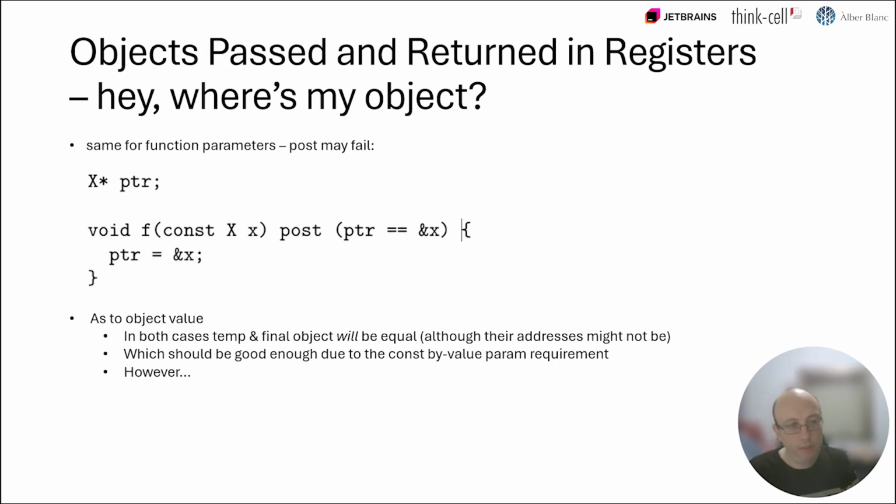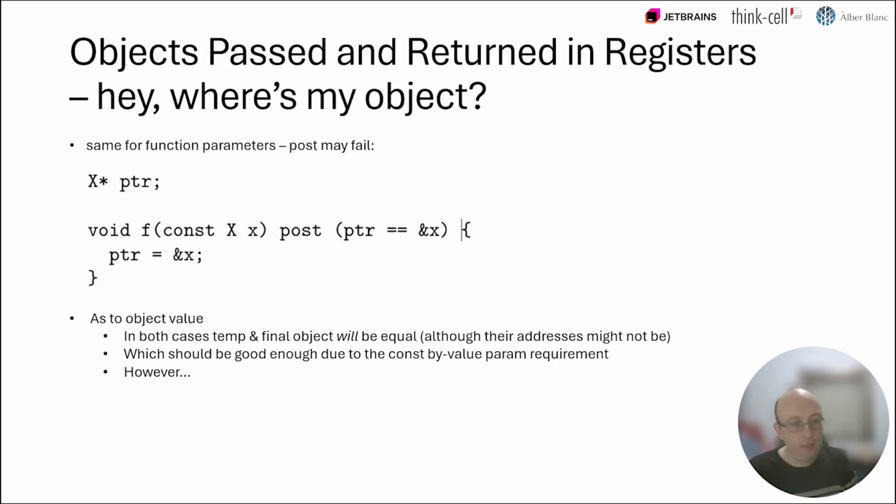They are guaranteed to be equal in terms of value, since the input parameter is const. And mind you, as I pointed out last time, in order for an input parameter to be eligible to be used in a postcondition, if it's being passed in by value, it must also be declared const for this exact reason, that otherwise we would be unable to reason about this kind of assertion.